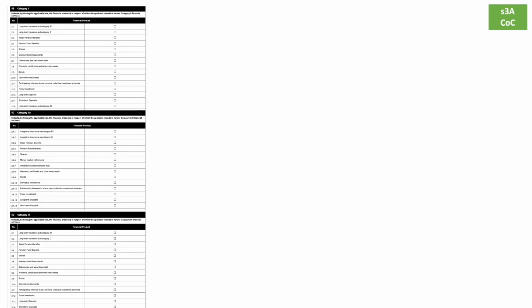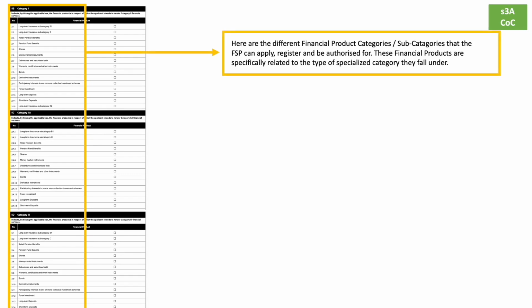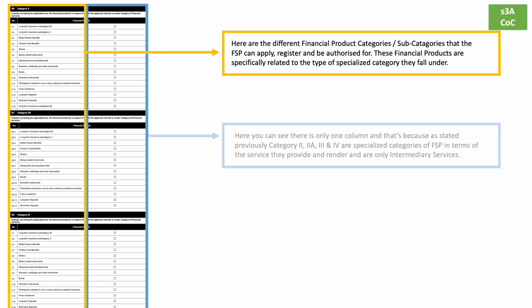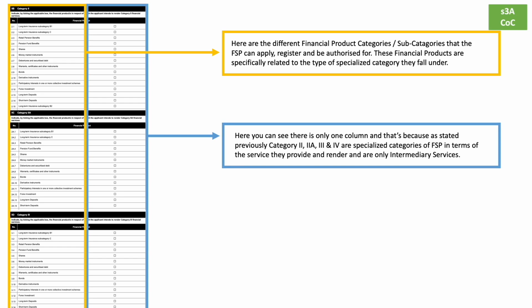Here are the different financial products and/or subcategories that an applicant FSP can apply, register, and be authorized for. These financial products are specifically related to the type of specialized category they fall under. Here you can see there is only one column, and that's because, as stated previously, Category 2, 2A, 3, and 4 are specialized categories of FSP in terms of the services they provide and render, and are only intermediary services and cannot give advice.